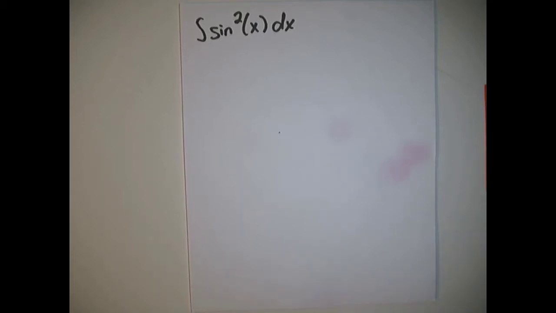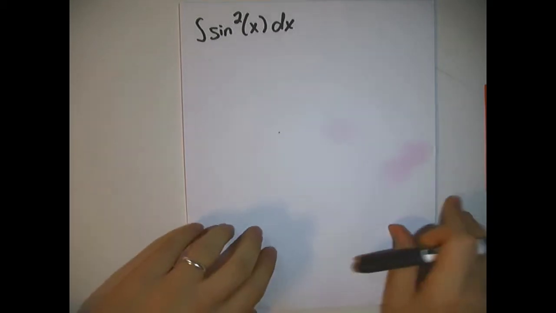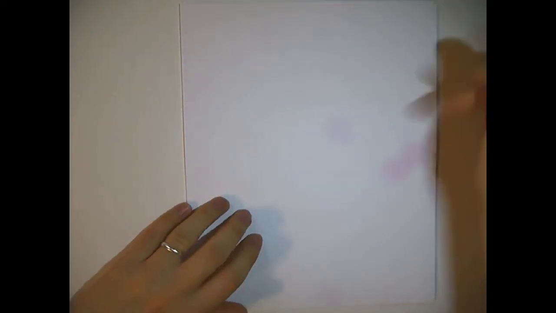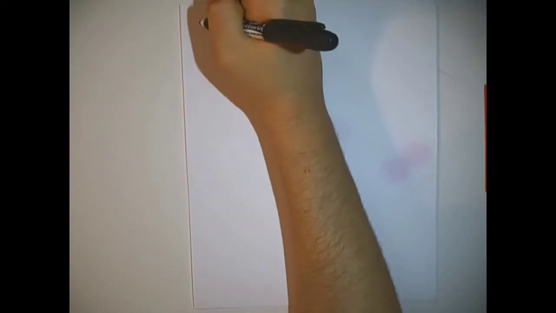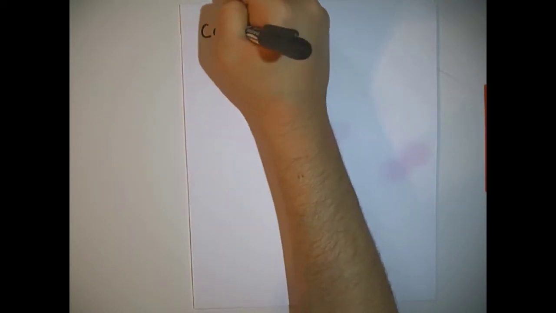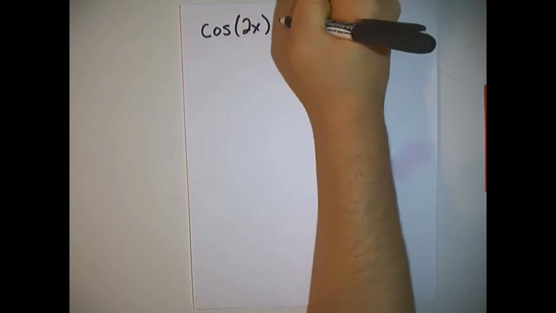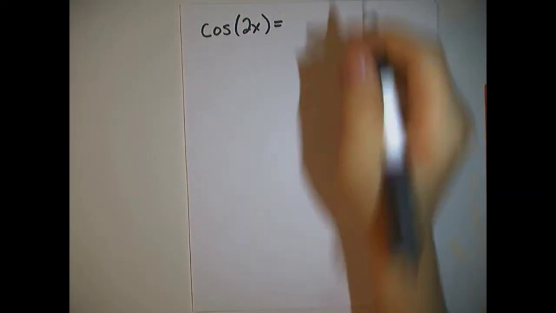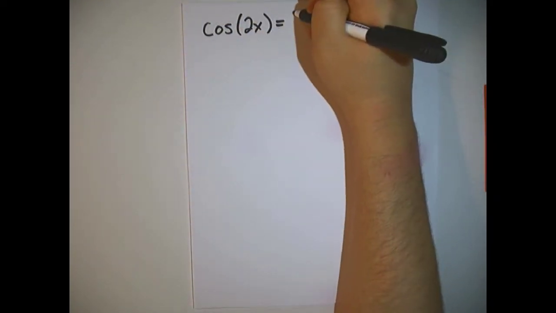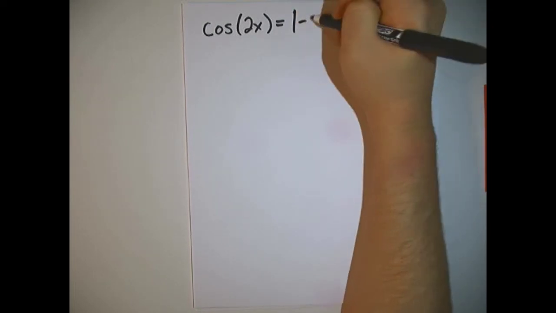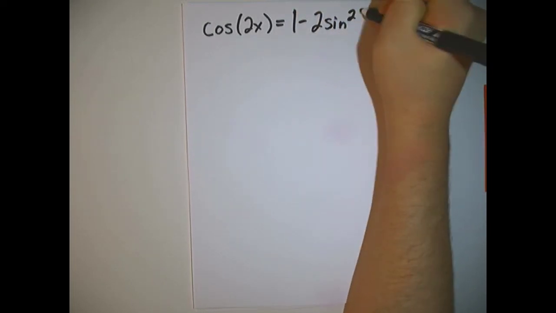Right, let's go ahead now and do the integral of sine squared dx. Now there's a fairly standard way to do this, which is to take advantage of the fact that the double angle formula for cosine can be written as 1 minus 2 sine squared of x.